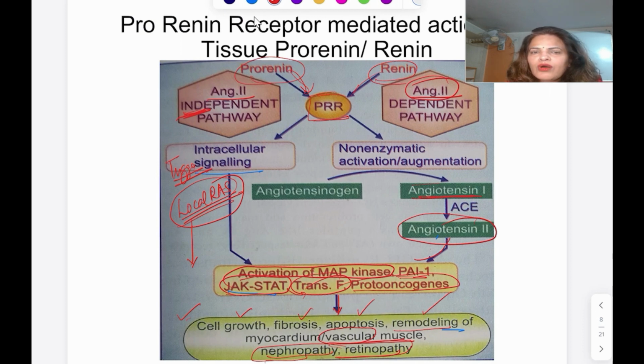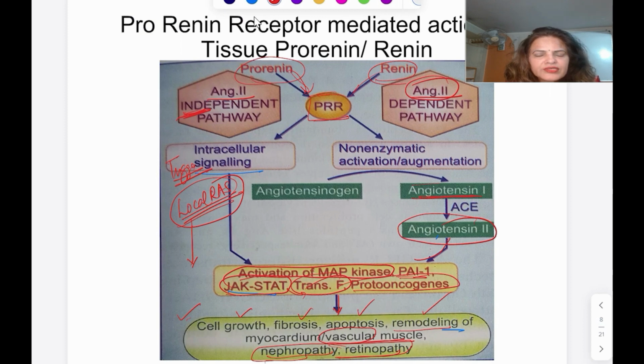Whatever is required for the RAS is also present in a few tissues like the heart, blood vessel, kidney, adrenal, brain. But how is the renin produced in all these local tissues? It is synthesized as a larger peptide, pre-pro-renin, and this pre-pro-renin gets activated with the appropriate stimuli.